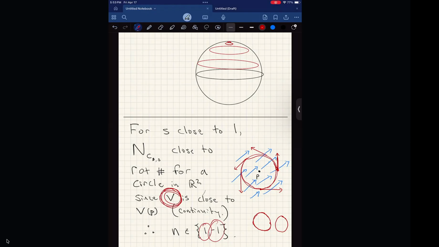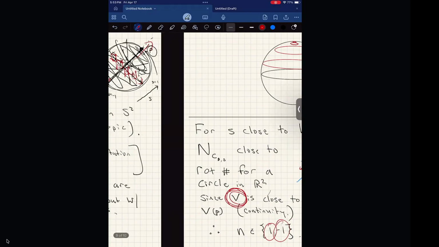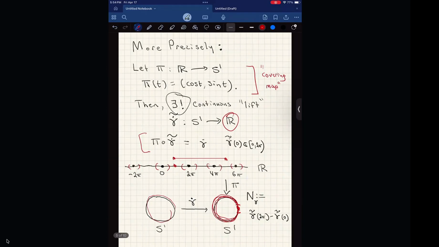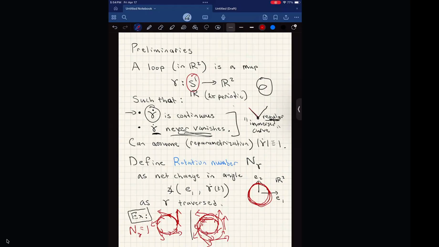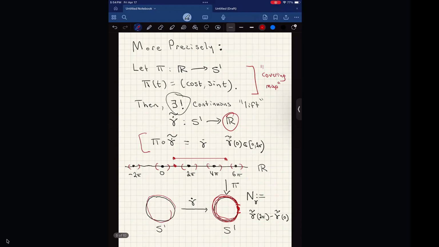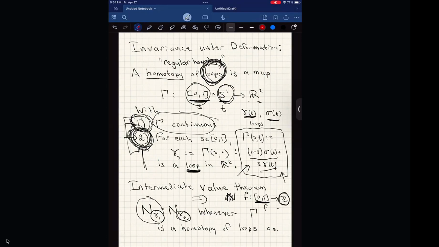So I can't do a regular homotopy that takes me from this one to this one. And again, that shows why the thing that was here, where you pinch off the loop to a cusp, is illegal.